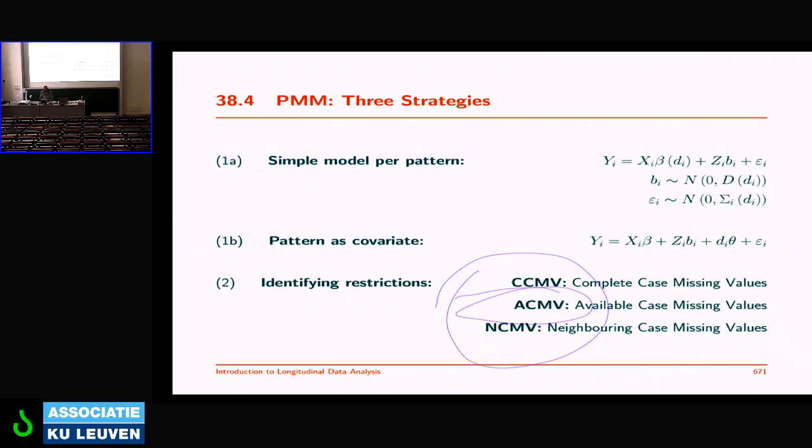Simple models per pattern, or pattern as a covariate. Pattern as a covariate is what we just did with our quadratics, and simple model per pattern is keep your models indeed simple enough. Okay, the identifying restrictions, as we said, for CCMV, we go to that guy, and we go to that guy, and that's how we identify.